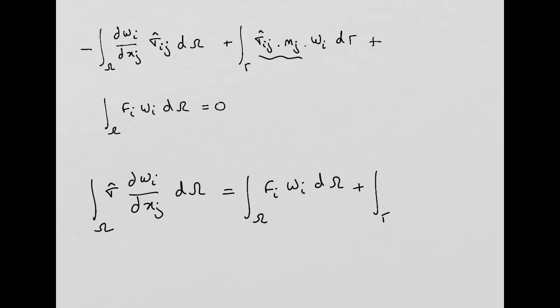So this is the stress vector, Ti, which multiplies the weighting function.